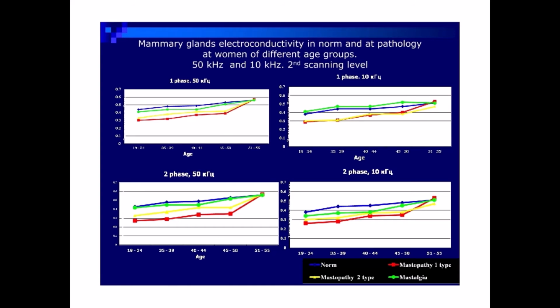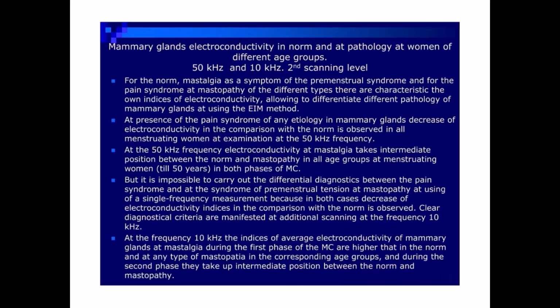Electrical impedance images at adipose involution. Electroconductivity at 50 kHz is 0.71 AU, which is over the age norm and is typical for mammary glands electroconductivity in norm and at pathology in women of different age groups. 50 kHz and 10 kHz.